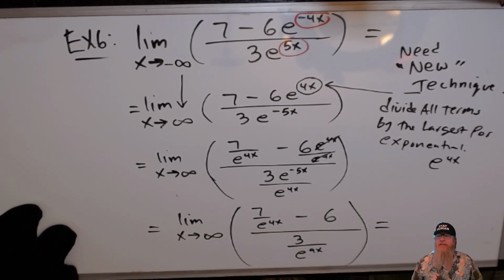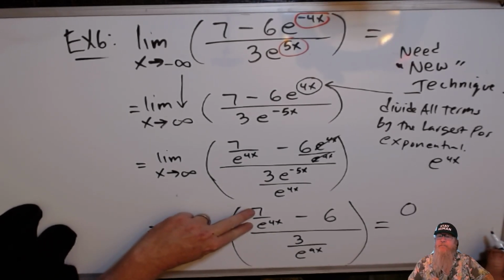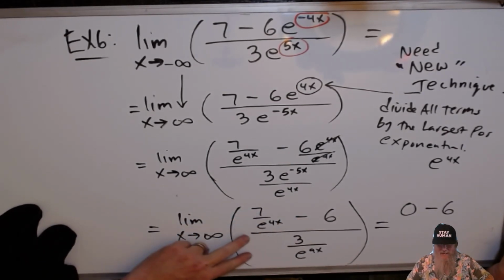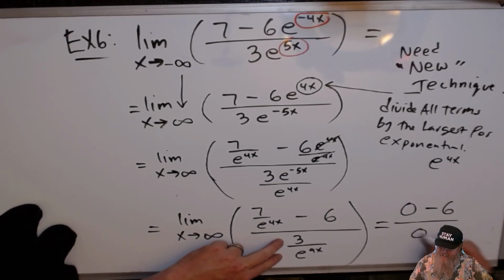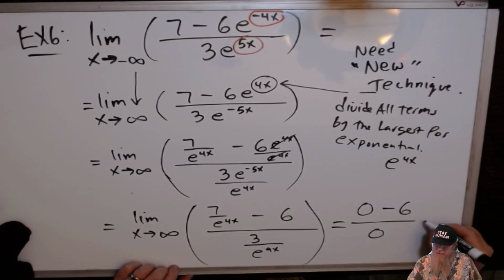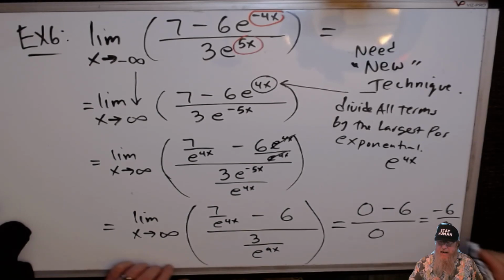All right, so now what's going to happen is this is going to go to 0. This is going to stay at negative 6, and this is going to go to 0. And so I'm going to have -6 over a very small positive number.